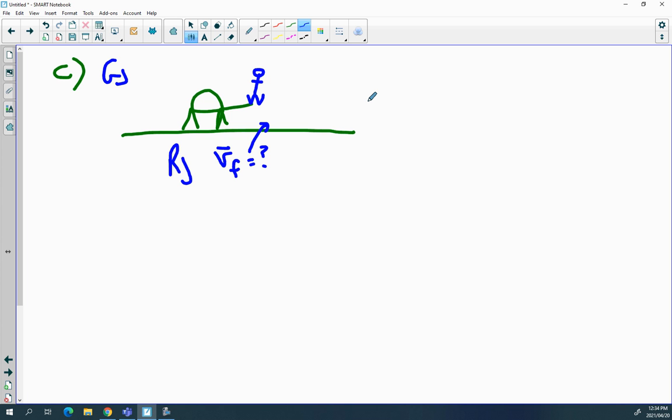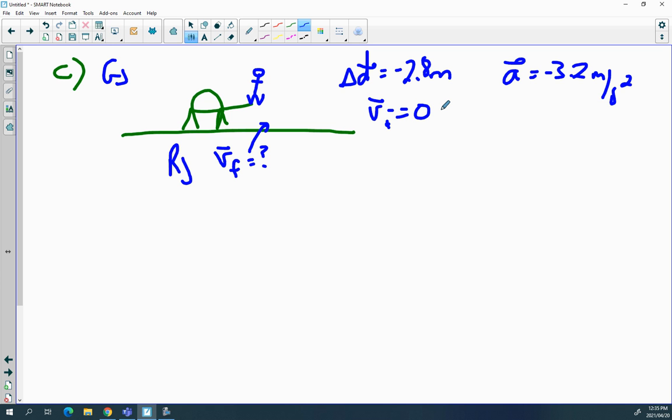We know the displacement is negative 2.8 meters downward, the acceleration is negative 3.2 meters per second squared, and that they start with a velocity equal to 0 meters per second, and we want to find this final velocity.